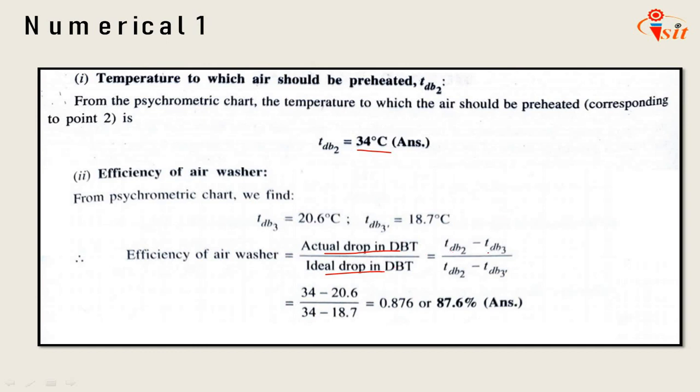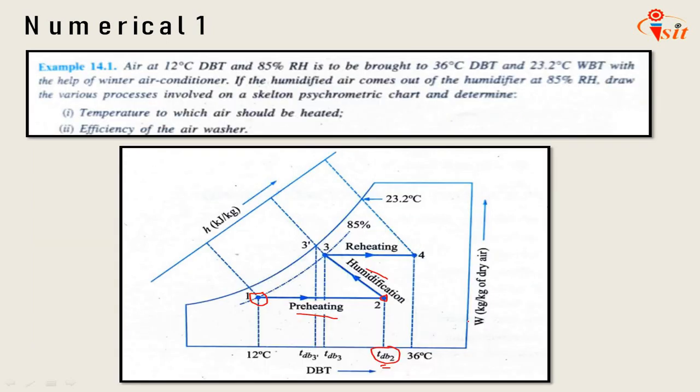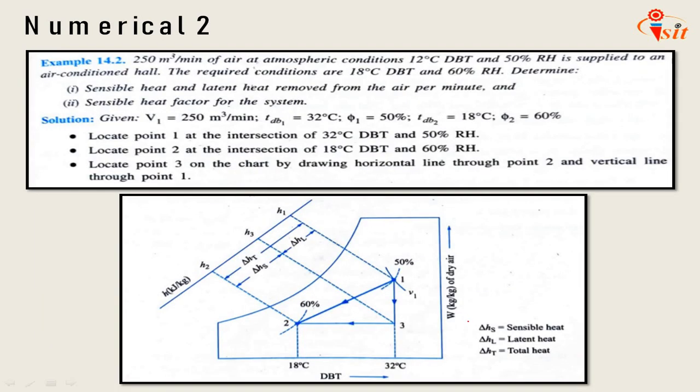So TdB2 minus TdB3 divided by TdB2 minus TdB3 dash. So 34 minus 20.6 divided by 34 minus 18.7. That will give the efficiency of air washer as 87.6%. So that is the first numerical in which we have calculated the temperature at which air is heated, and second, the efficiency of air washer.